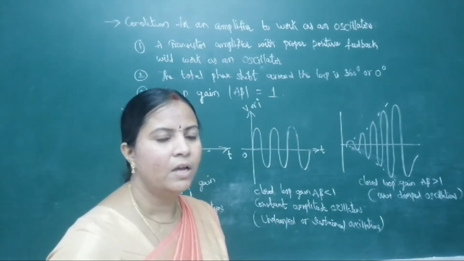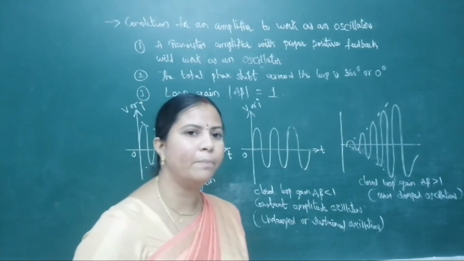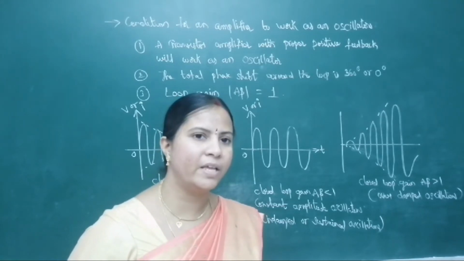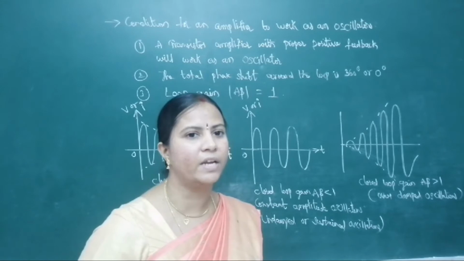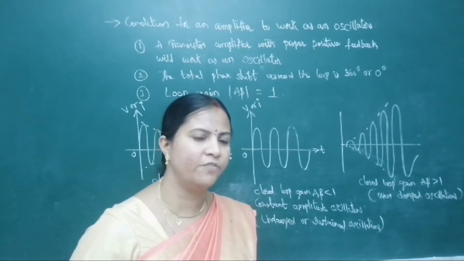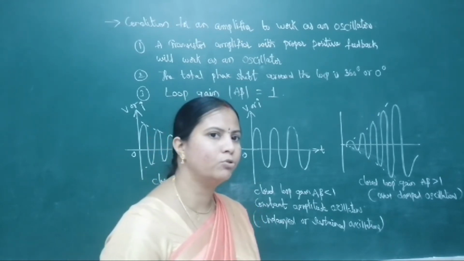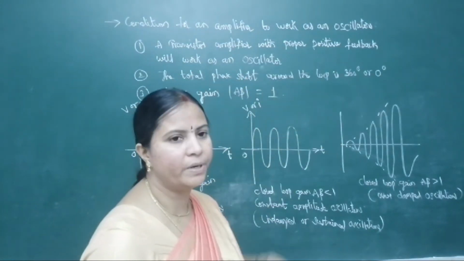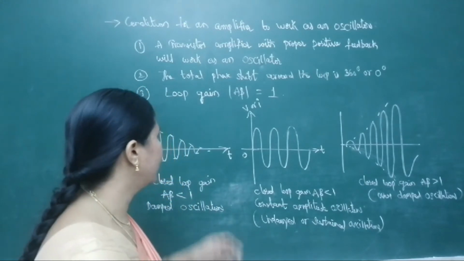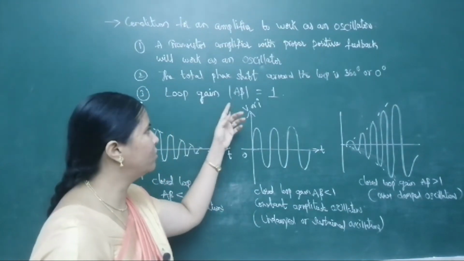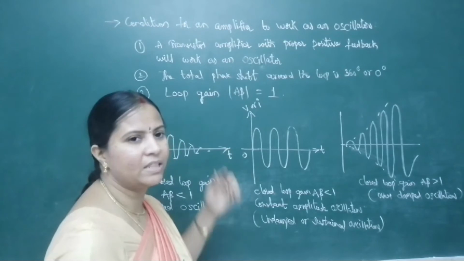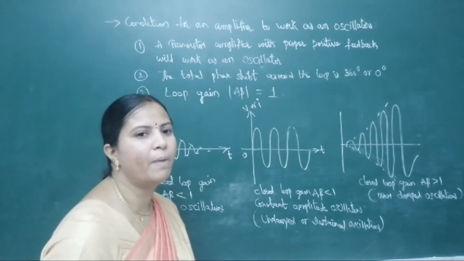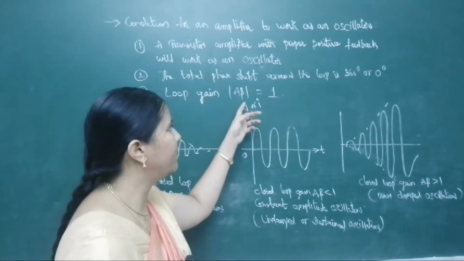In positive feedback, the amplifier gives 180 degrees phase shift and the feedback network is designed so that it also gives 180 degrees, so the total phase shift is 360 degrees with respect to the input signal. And the loop gain, the modulus of A beta, equals 1. A is the voltage gain without feedback, and beta is the feedback factor.